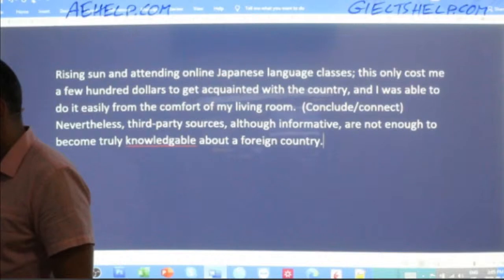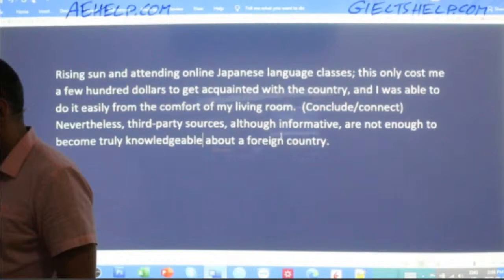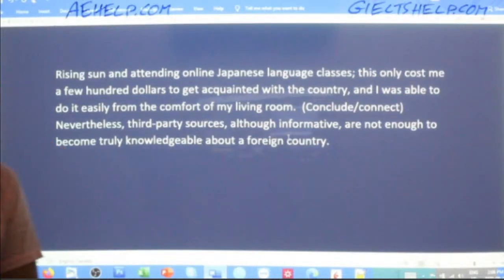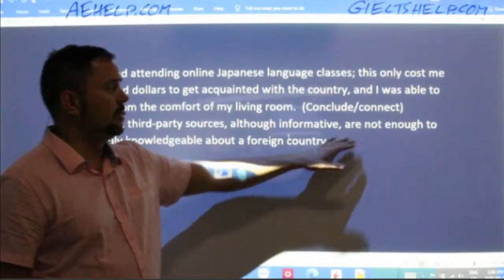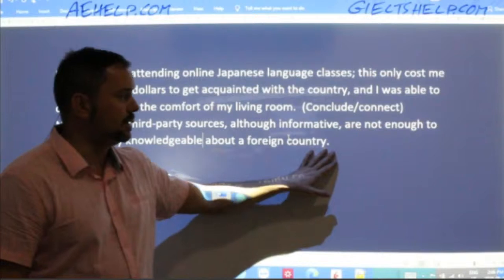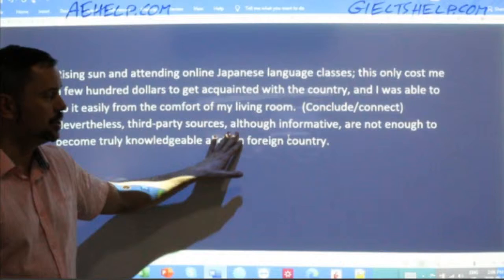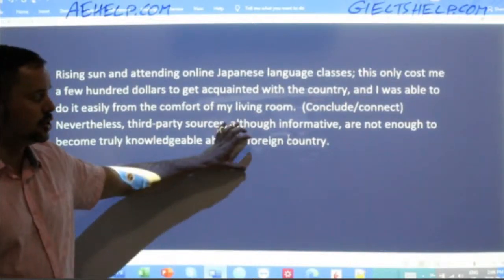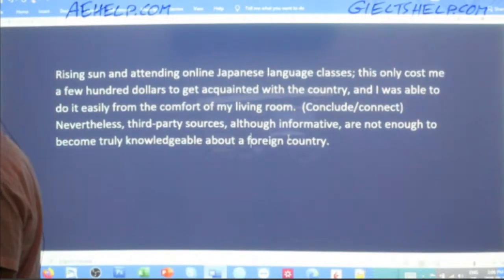So here my concluding connecting sentence is, nevertheless, third-party sources, although informative, are not enough to become truly knowledgeable about a foreign country. Okay? So here's my connection, conclusion, and my switch to the counter argument, or my lead-in to the counter argument. Okay? If some of you want, you can try that.